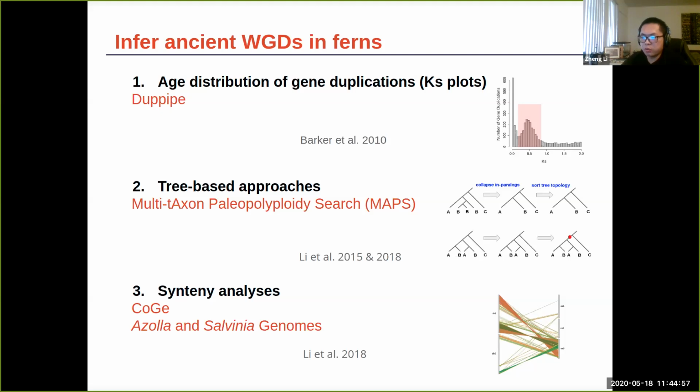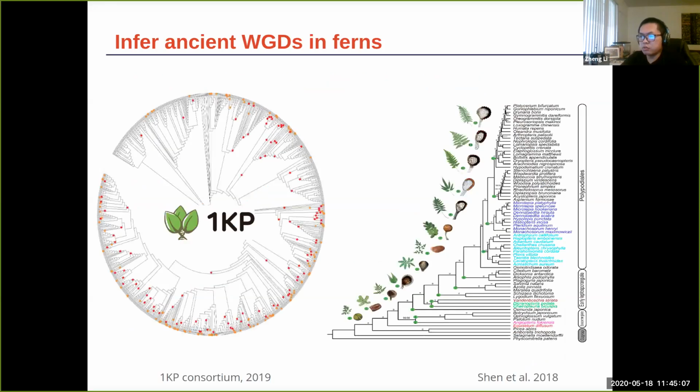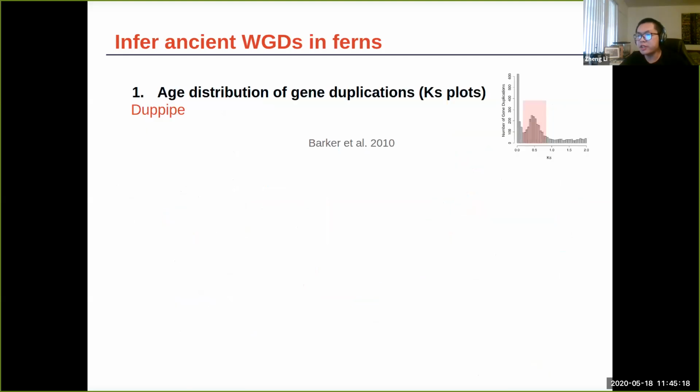And with the first two fern genomes, Azolla and Salvinia, we also use the CoGe platform to look at synteny for those genomes. We ran the analyses on all the data that we gathered, and of course I'm not going to show you every single one of them, so I'll just go through examples for each type of analysis.